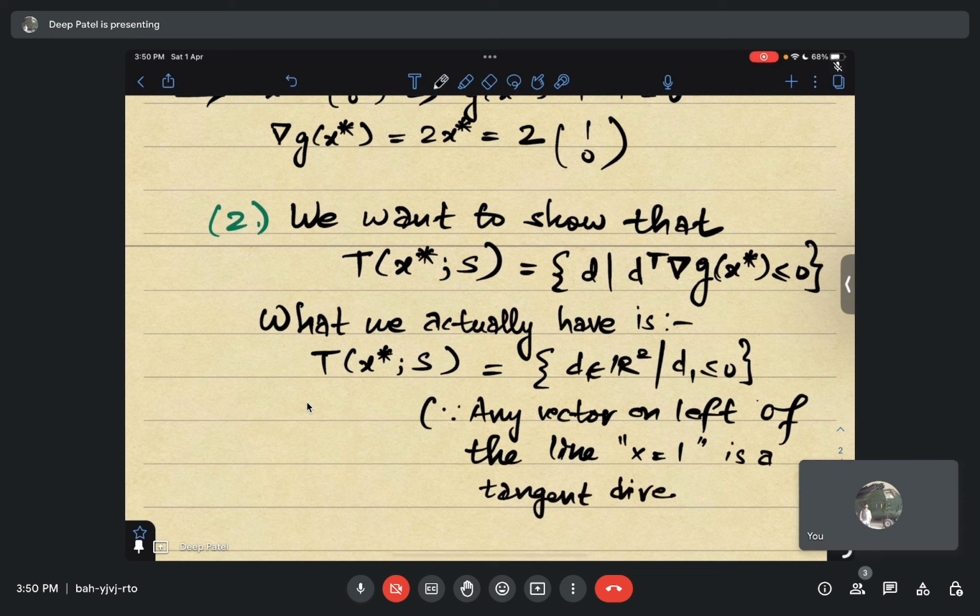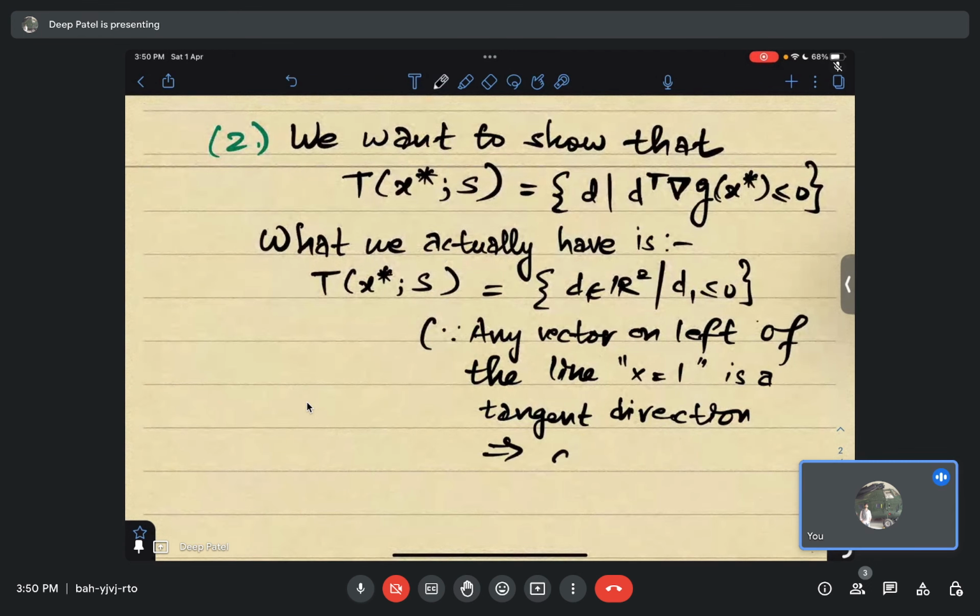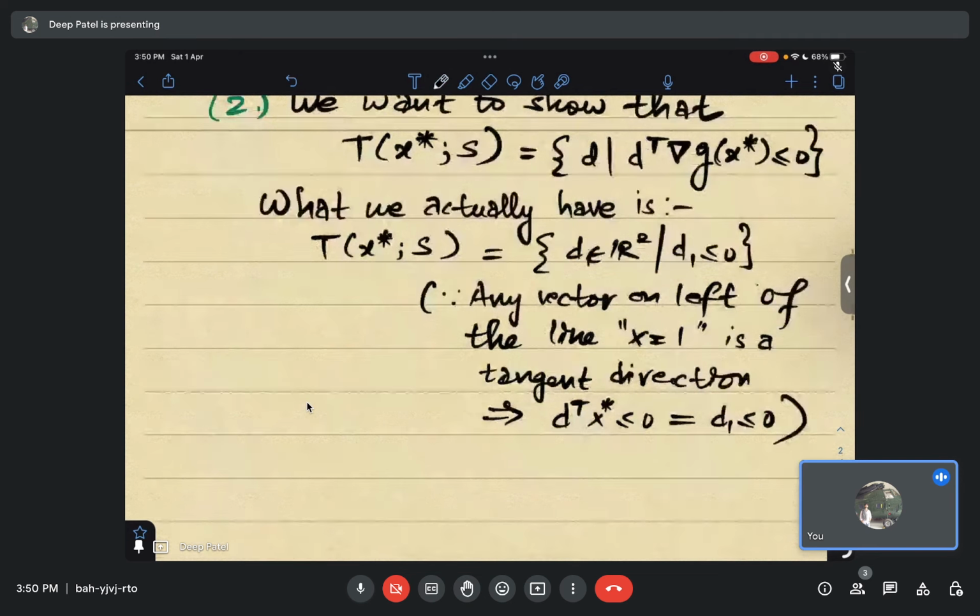This implies t transpose x star is less than or equal to 0. Here I'll just write x equals 1, but here I'll write x star equals 1. This implies t1 less than or equal to 0. So I hope that, what have we done? We have done both things.